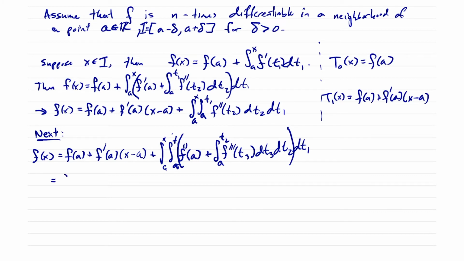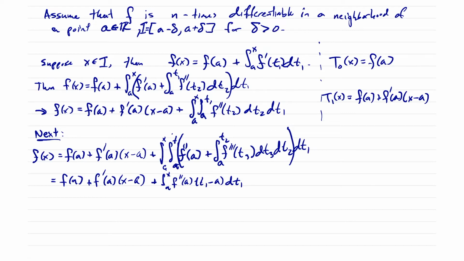So this is going to give us, say, f of a, again, plus f prime of a times x minus a, plus the integral from a to x of f double prime of a times t1 minus a, dt1. Is that t1? dt2, sorry.